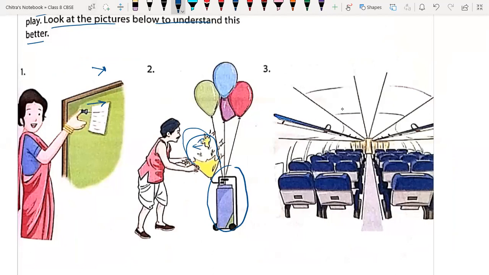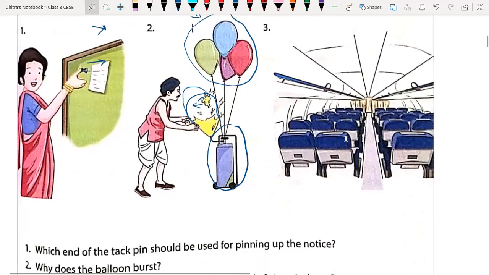If it is below the permissible limit, the balloon is not going to burst. In the next example, the flight: the design of the flight is such that the resistance of the air can be reduced.